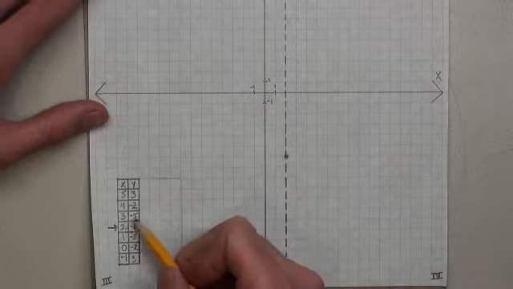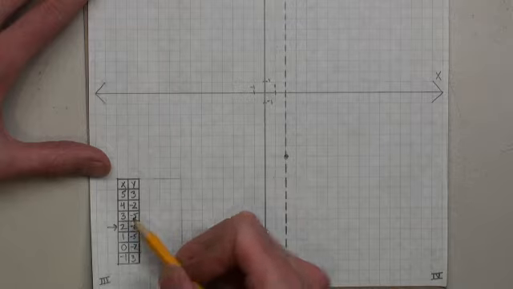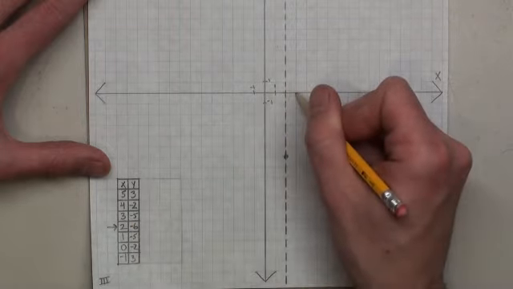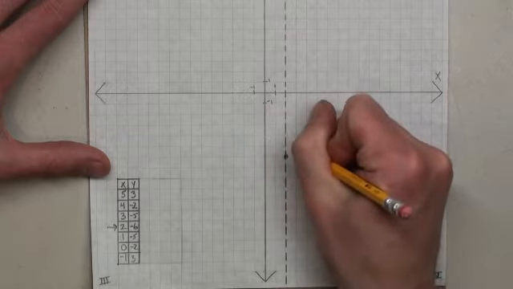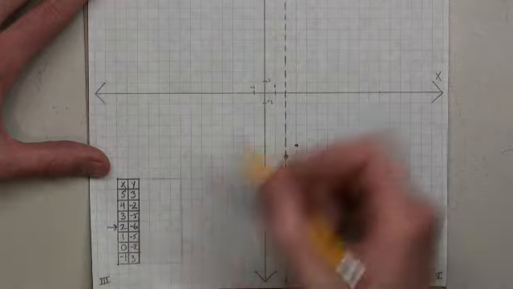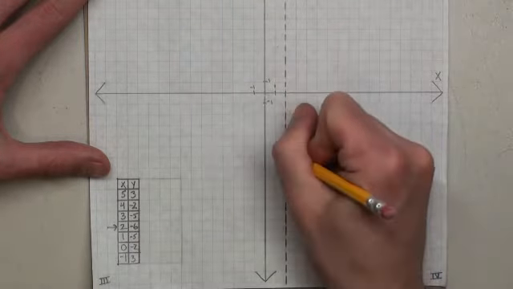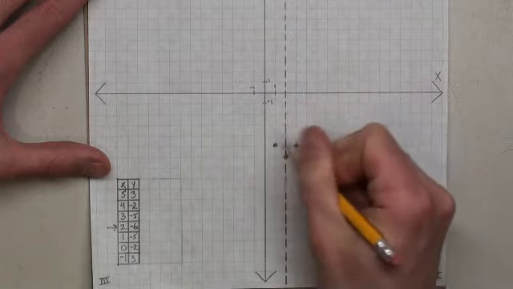So now let's graph the next points. 3 comma negative 5, I'm going to pick one above it. So 3, 1, 2, 3, comma negative 1, 2, 3, 4, 5. So that's right here. Now let's go below it. 1, negative 5. You see how it's going to be symmetric about this line?